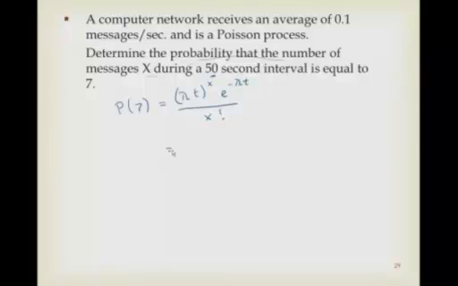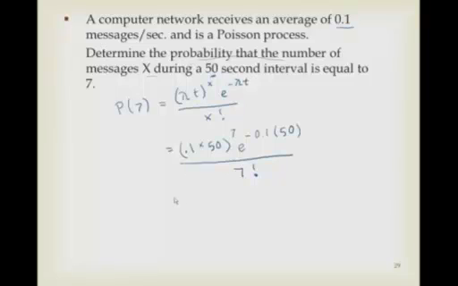So say lambda t to the x, e to the minus lambda t, over x factorial. And so that's just going to be, well, lambda, we're told it's 0.1, so it's going to be 0.1 times, well, it's 50 seconds, so times 50, and raise that to the 7th power, e to the minus 0.1 times 50, and then divide all of that by 7 factorial.